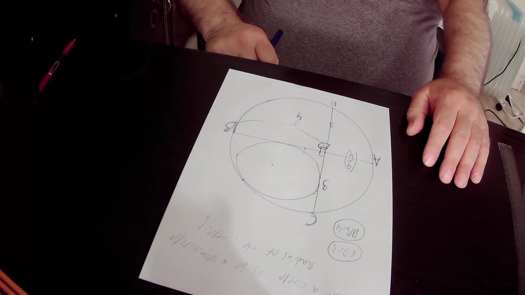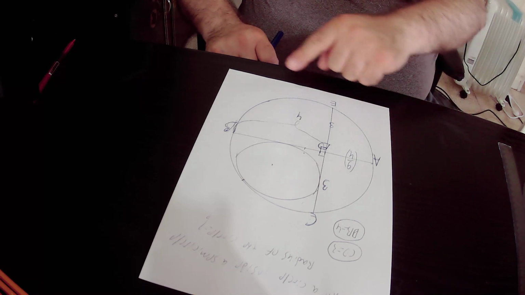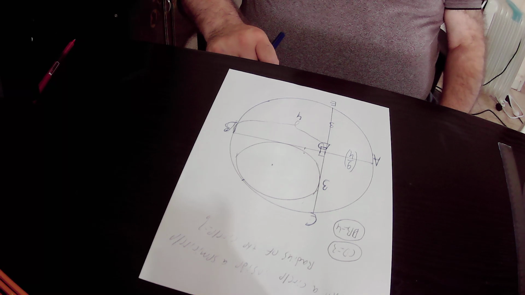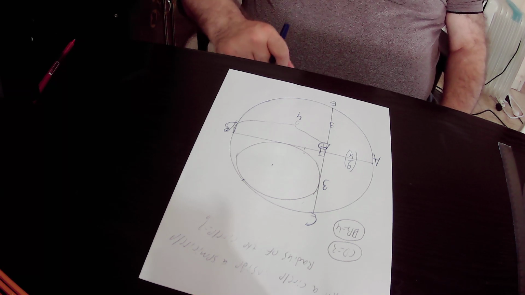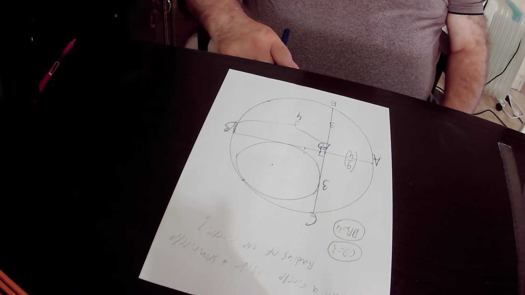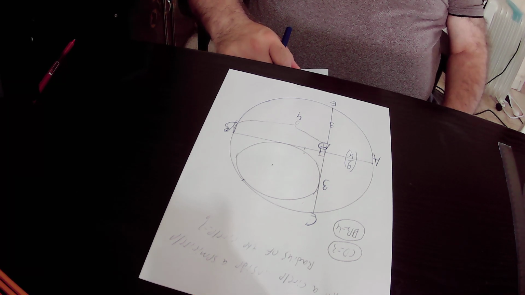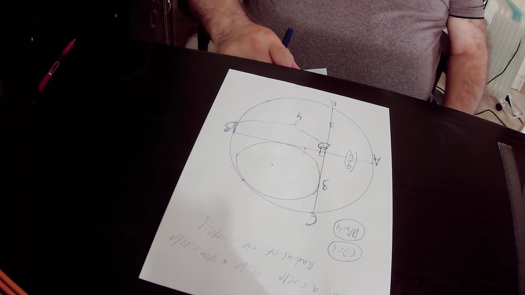Actually, we know that AB is the diameter of the semicircle and also the diameter of the circle itself. The diameter of any circle or semicircle is twice as long as the radius.